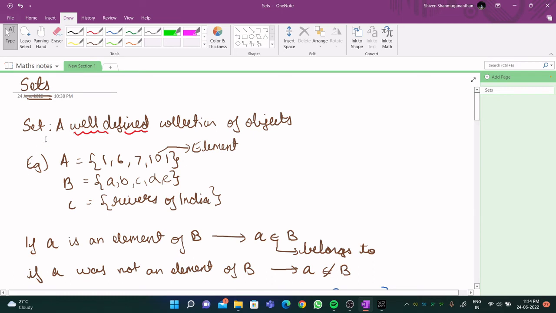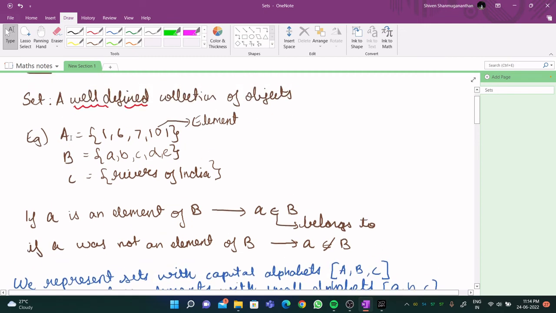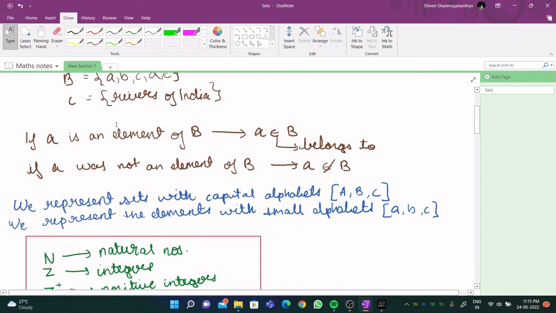We defined what a set is. A set is a well-defined collection of objects. Examples of sets would be A, B, and C as I've written here. It can be anything that is well defined. Well defined is very important for a set. If it's not well defined, it isn't a set.